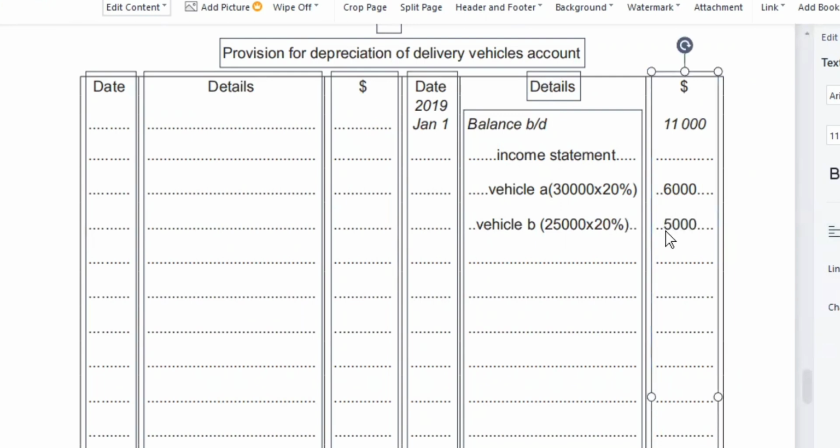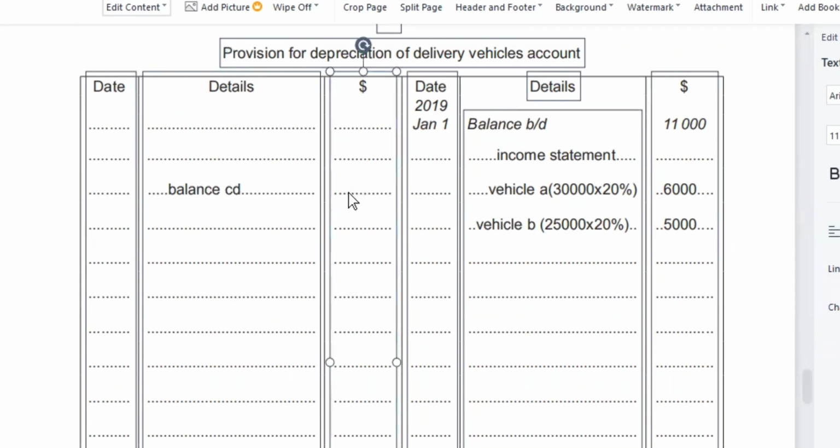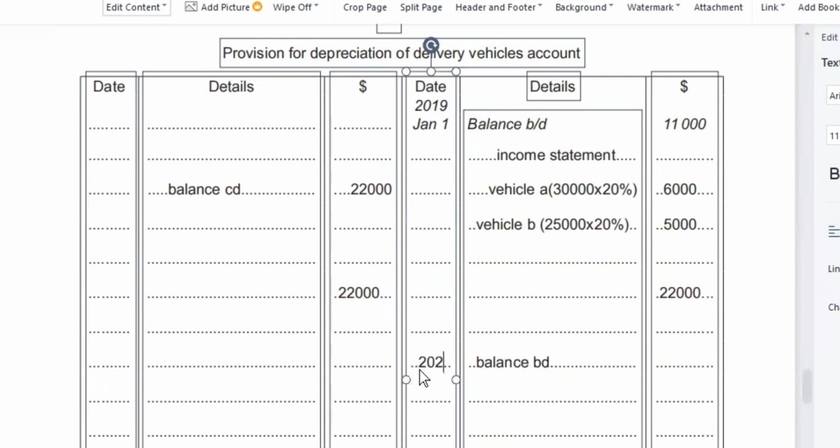So the total for the year 2019 was balance CD of 11,000 plus 6,000 plus 5,000, that was 22,000. Closing was 22,000. Balance BD for 2020 was 22,000. Income statement.